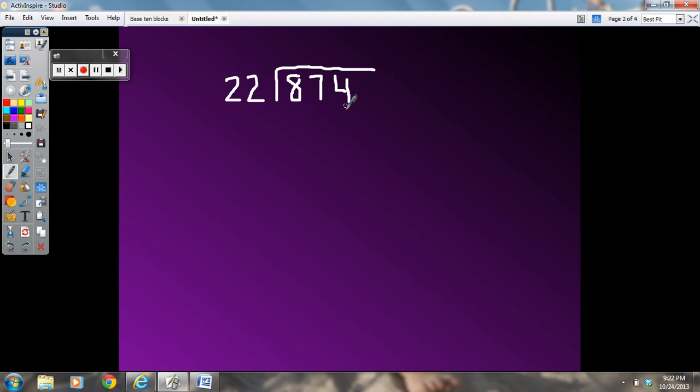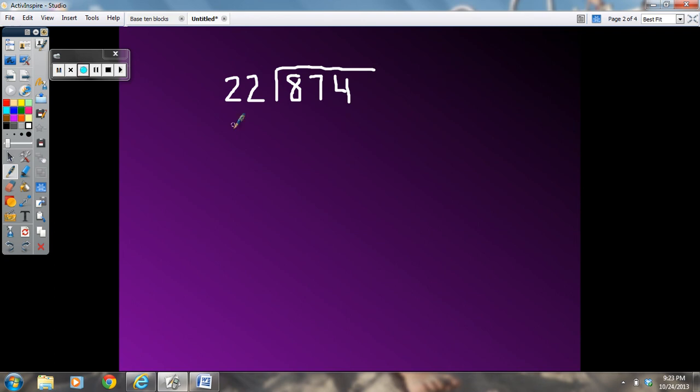I want you to visualize 874 ones blocks. What we need to do with 874 ones blocks is create groups of 22. The question we need to ask ourselves is, how many groups of 22 can we make from the 874 ones blocks that we have?